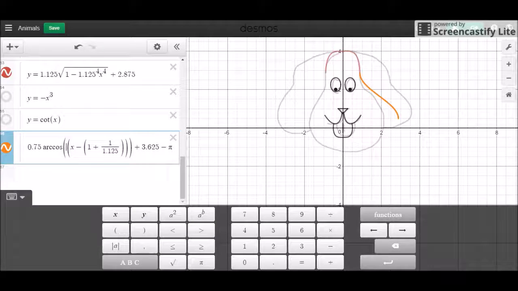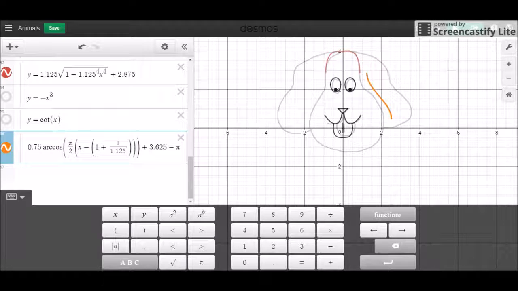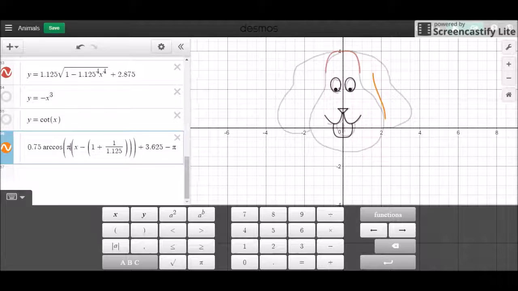Let's see, what number is close to 1.25? Try pi on 2 to see if that makes things any easier. Oh, I see what I did wrong.